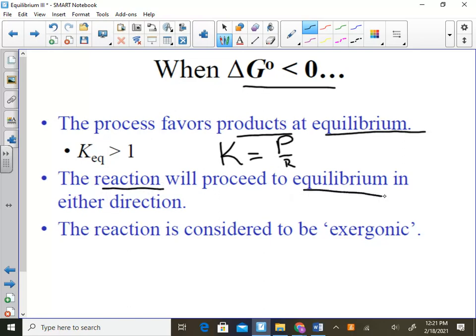It's going to proceed to equilibrium in either direction. If delta G is negative, or our other word is thermodynamically favored, it's considered to be exergonic, meaning you can get energy or do work with that reaction.